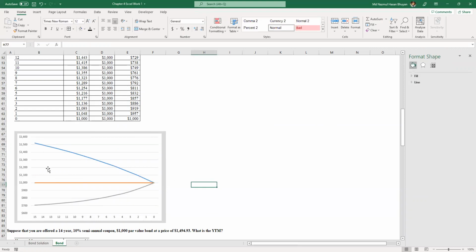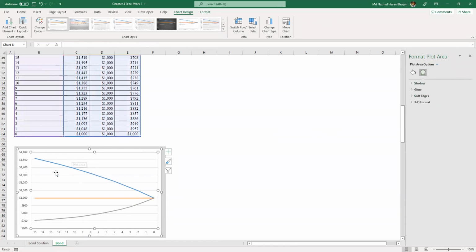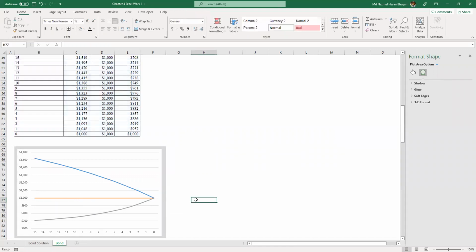Now you can see the value of the premium bond declines to the face value of the bond as the bond approaches the maturity year, and then the value of the discount bond increases to the face value of the bond as the bond approaches the maturity year, and then the value of the par value bond remains the same as the bond approaches its maturity year.